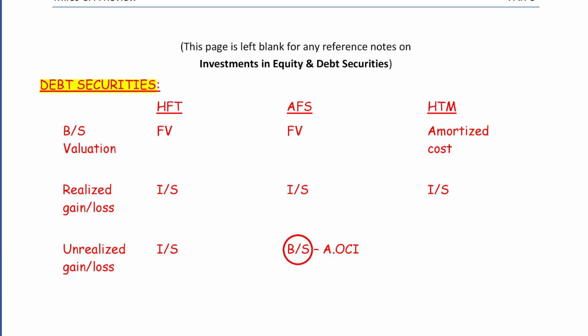And when they are realized, we know that we reclassify them to net income on the income statement and to retained earnings on the balance sheet. Now for held to maturity securities, there's actually no unrealized gains or losses. So write NA and draw an arrow upwards because these securities are recorded at amortized cost on the balance sheet, not at fair value.